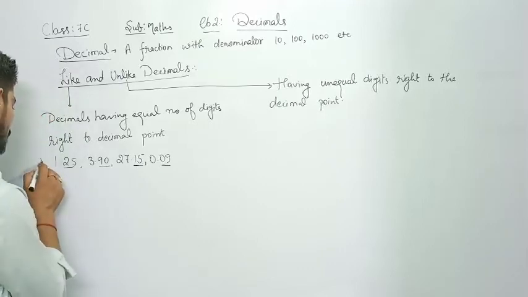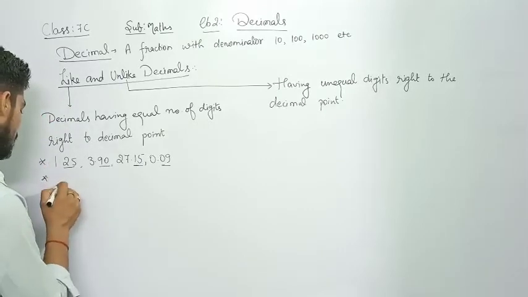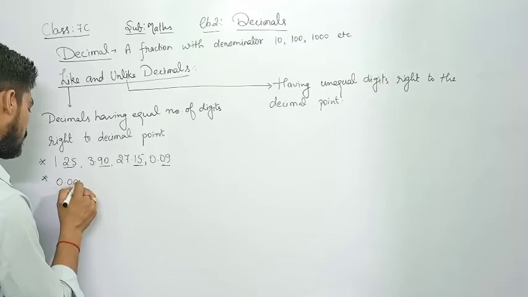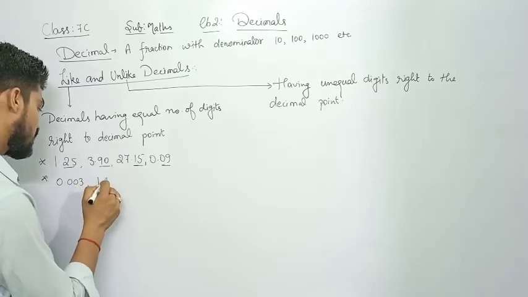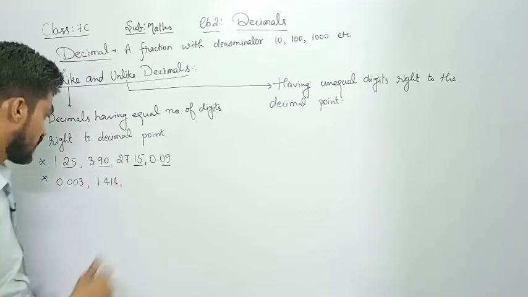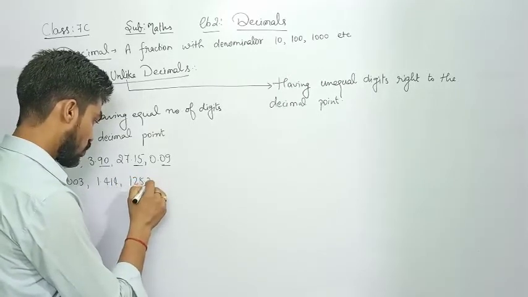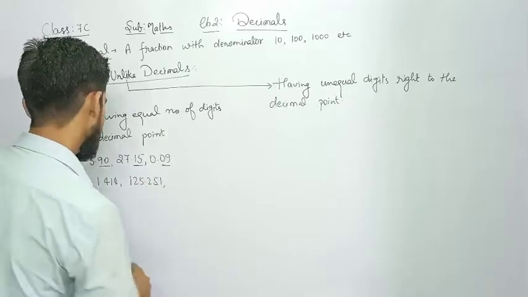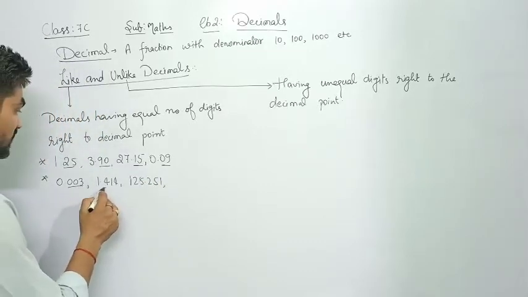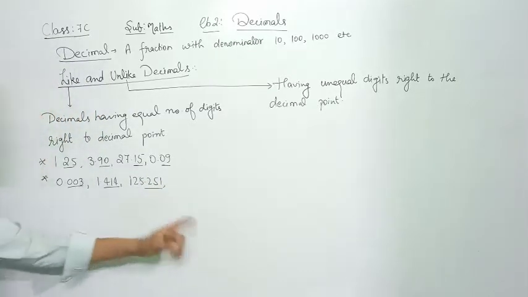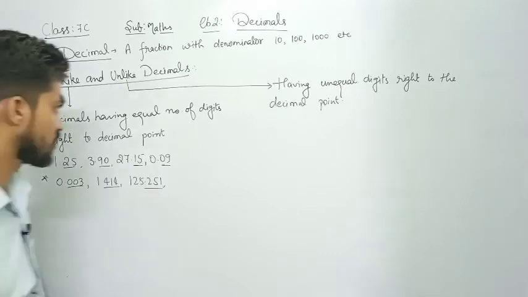Or another set: 0.003, 1.414 or 125.251. These are also like decimals because they have an equal number of digits right of the decimal point.